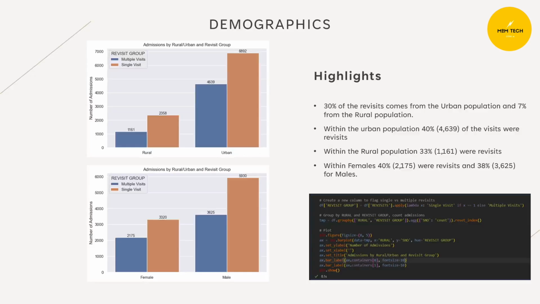About 40% of the urban population were revisits, and about 33% of the rural population were revisits. Females represented 40% of the revisits, whereas males represented 38% of the revisits.